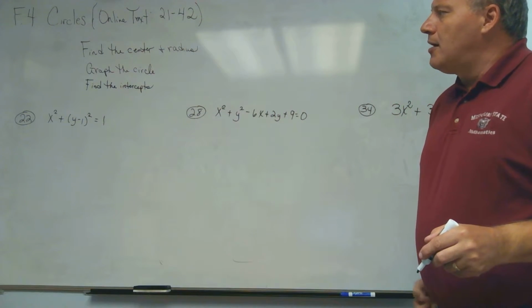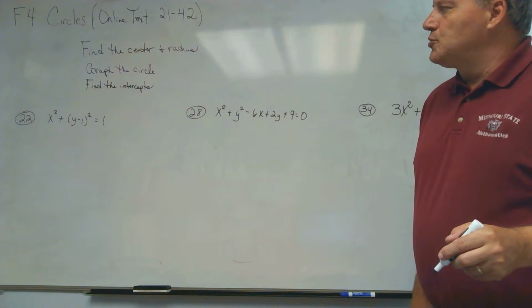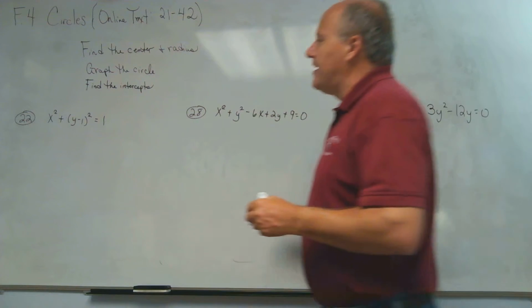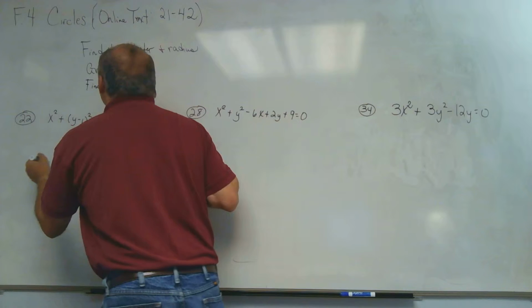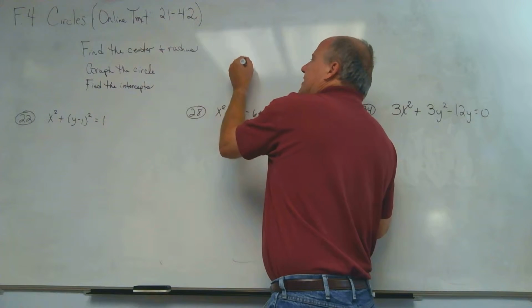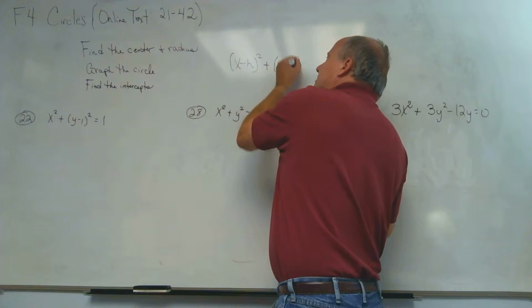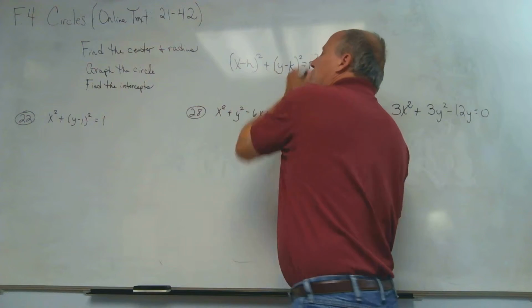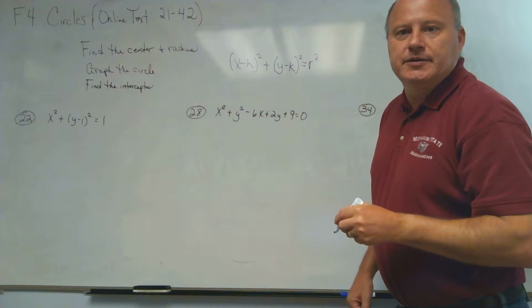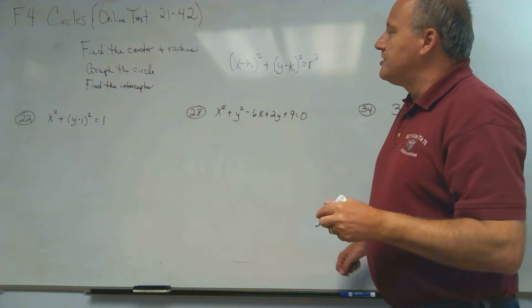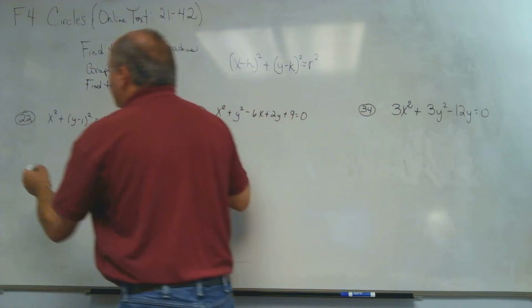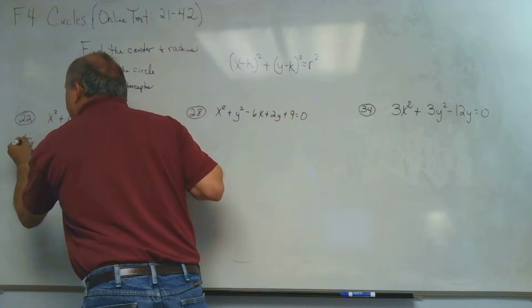Now, first problem is x squared plus y minus 1 squared equals 1. So what I can do is find the center. Remember, it's always in standard form: x minus h squared plus y minus k squared equals the radius squared. So the center in this case is going to be at 0 because there is no h.